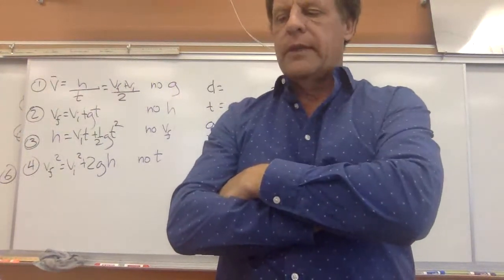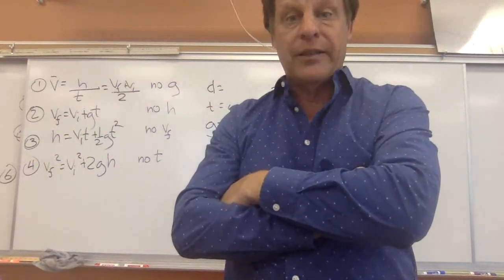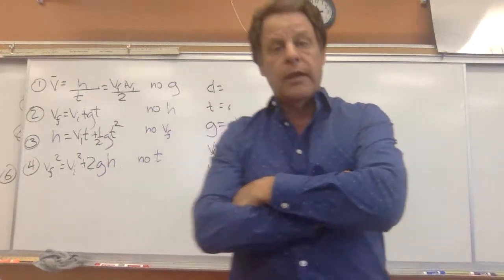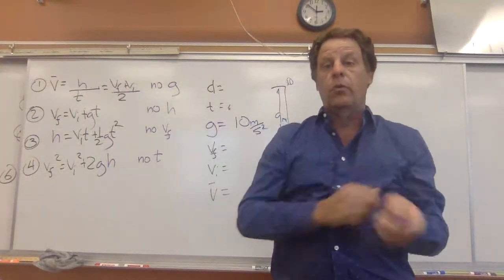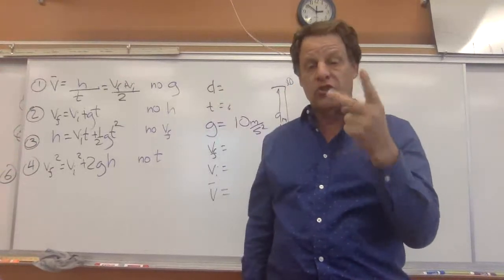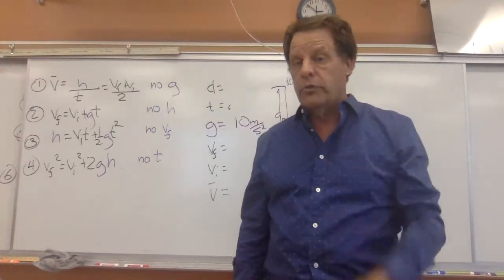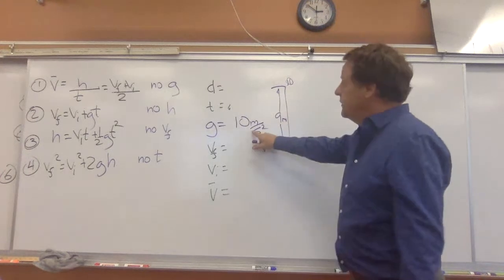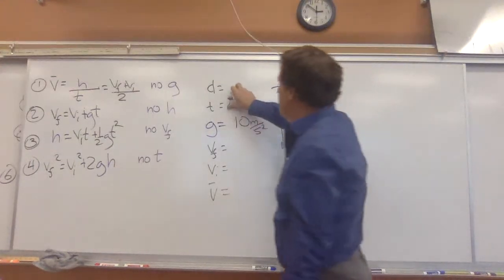What is the ball's velocity when it hits the ground? Unlike review number 3, where I told you you needed 3 variables, now essentially you only need 2 variables, because you always know that gravity is 10 meters per second squared.